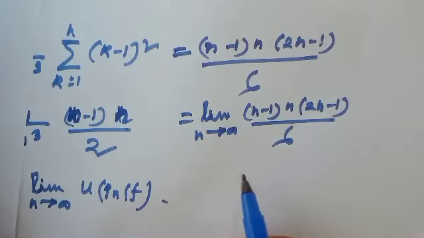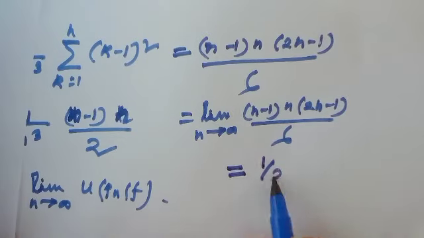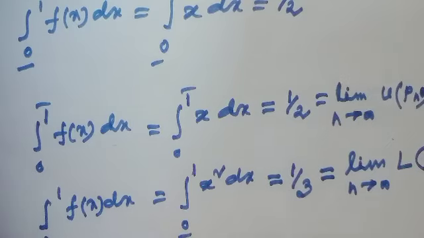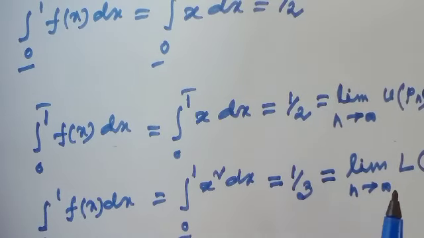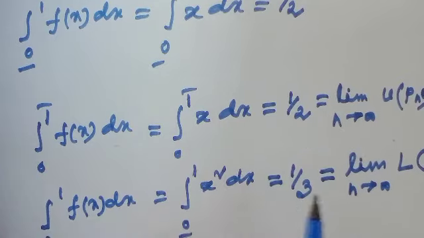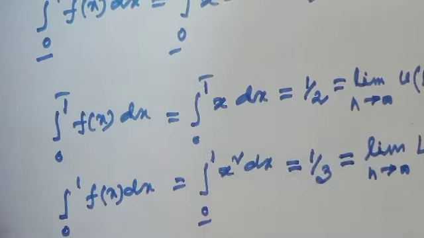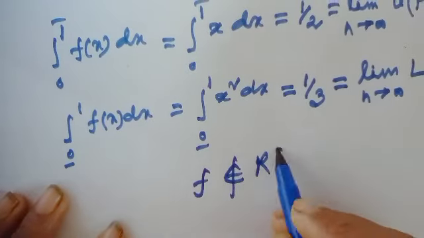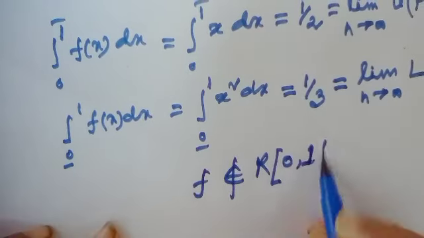Here if we apply the limit, then this limit would be 1 over 3. Are you getting how we have to find the lower integral and upper integral? If this value is not the same, then obviously f is not Riemann integrable on the closed interval 0, 1.